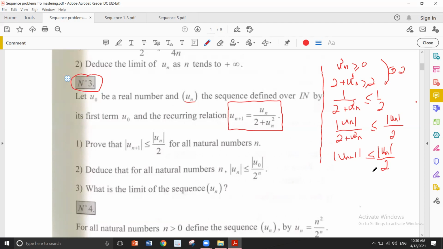هذا في كذا طعم، مرة تانية. Okay. I need to prove that absolute value of UN plus 1 is less than or equal to absolute value of UN over 2.